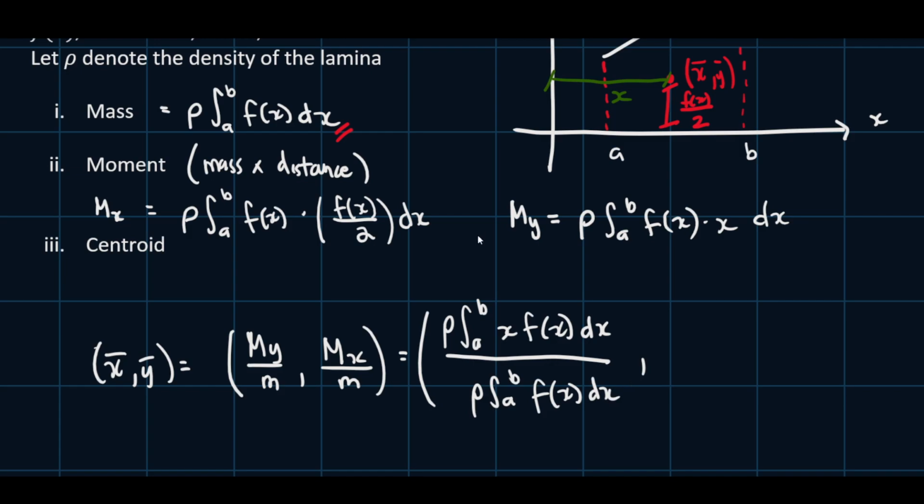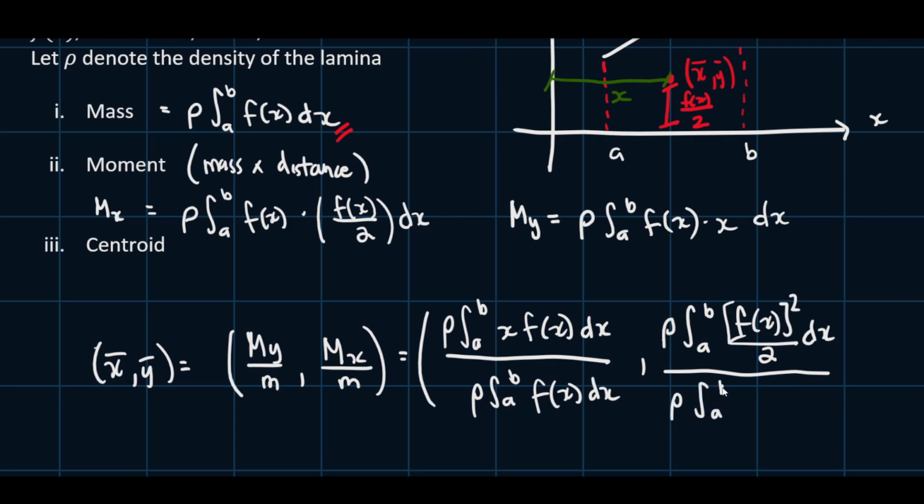And then the moment about the x-axis is rho times the definite integral from a to b of f of x squared divided by 2 dx, all over rho times the definite integral from a to b of f of x dx.